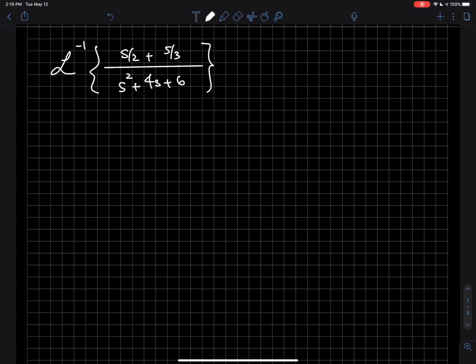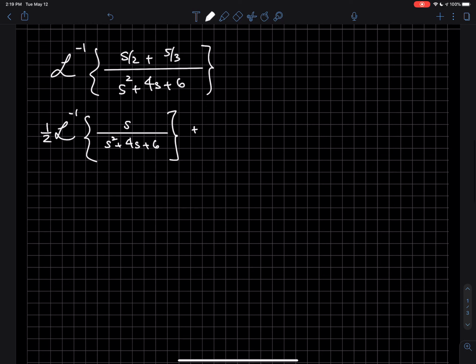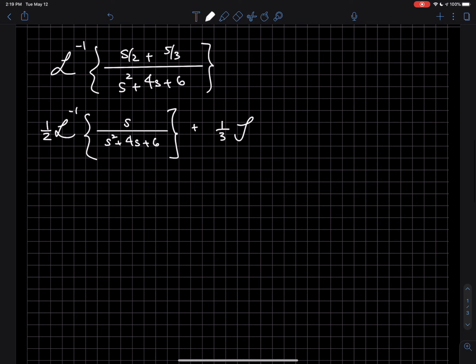I'm going to write this as 1/2 Laplace inverse of s over s squared plus 4s plus 6, plus, sorry, that's a 5/3, my bad, 5/3 Laplace inverse of 1 over s squared plus 4s plus 6.